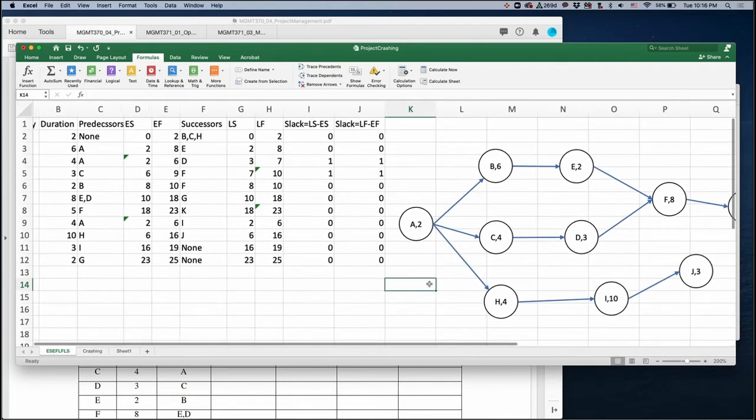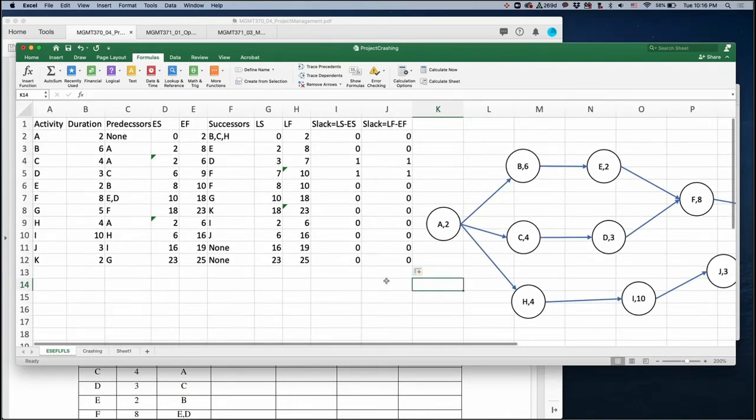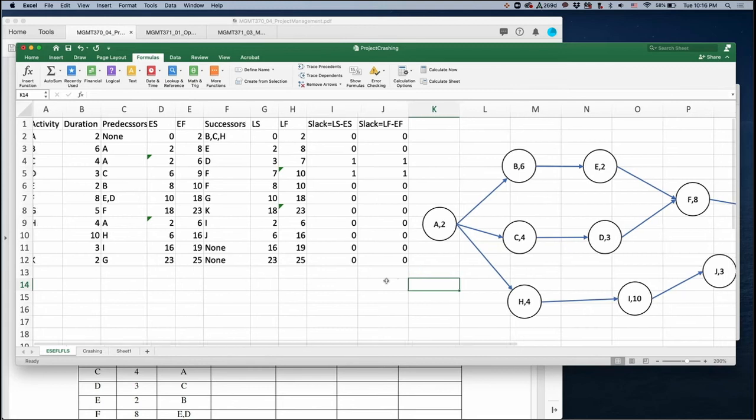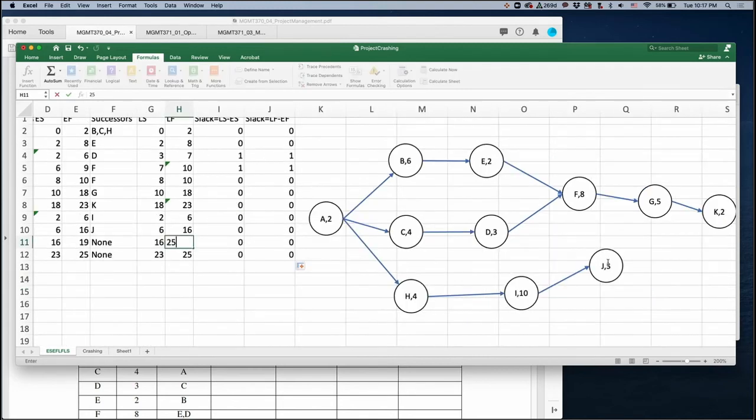Then if you don't have any activity after J, you have a lot of time, even if they do not have any relationship. If this project is independent, you can finish up to this point, but otherwise you have enough time to complete by 25.